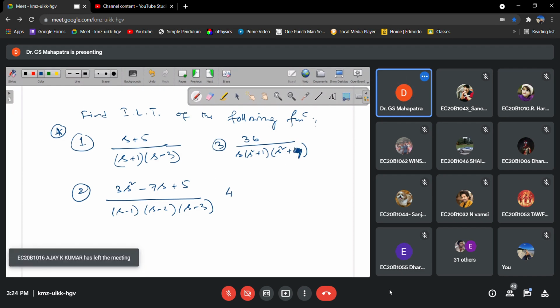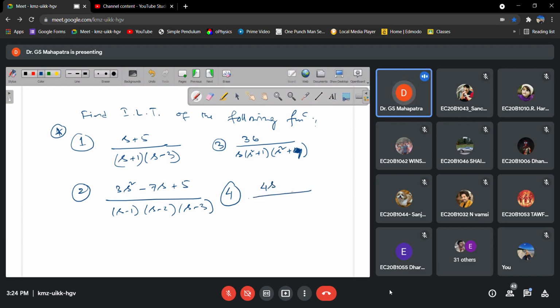Okay, 4. Next, the last one: 4s divided by (s minus 1) into (s plus 1) whole square.